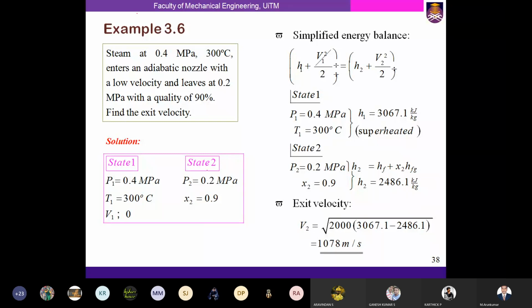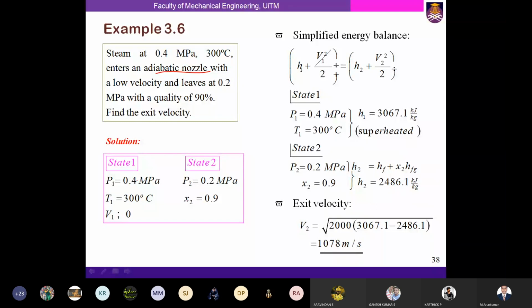Just read the problem. Steam at 0.4 megapascal and 300 degrees Celsius enters an adiabatic nozzle with a low velocity and leaves at 0.2 megapascal with a quality of 90%. Find the exit velocity.